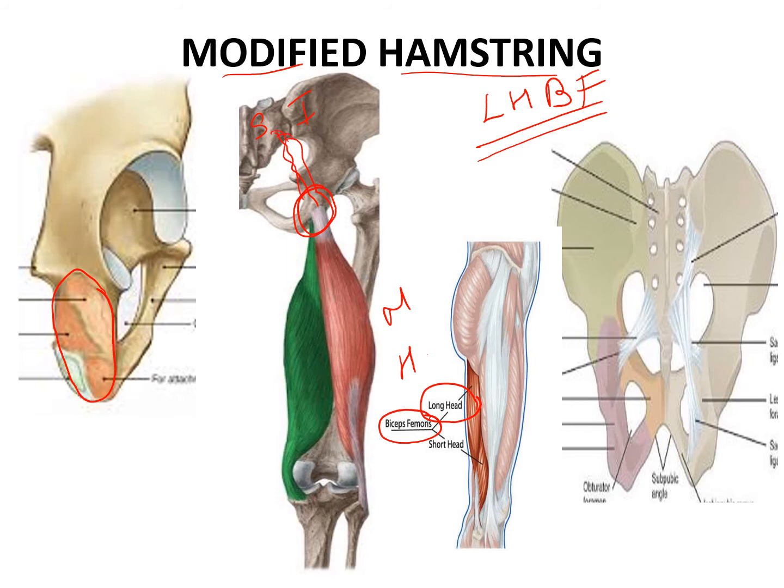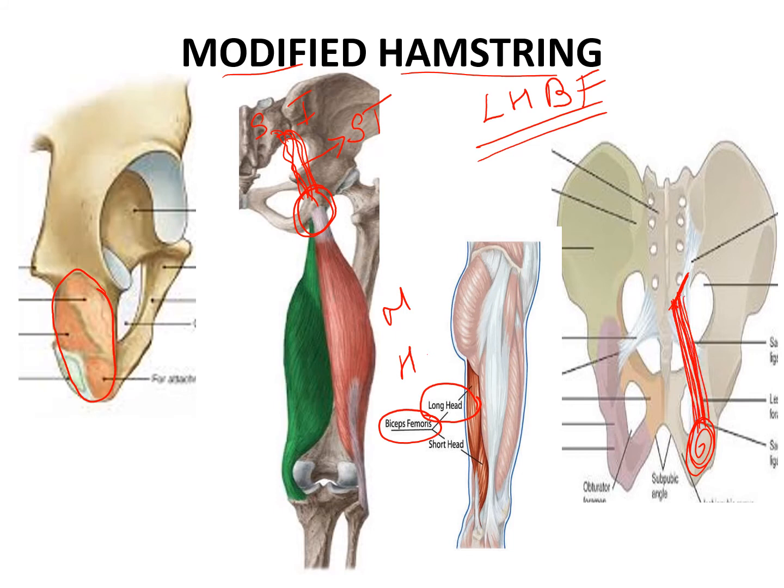So this part of the origin of the muscle got converted into a ligament. That ligament is called the sacrotuberous ligament. If you observe here, the ligament attaching the sacrum and the ischial tuberosity of the hip bone is called the sacrotuberous ligament.